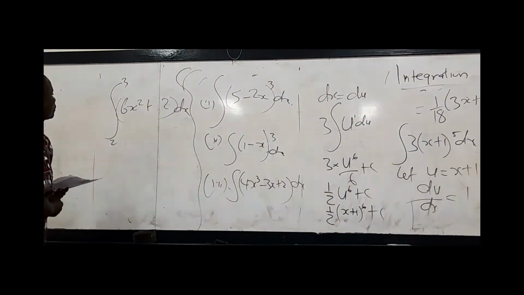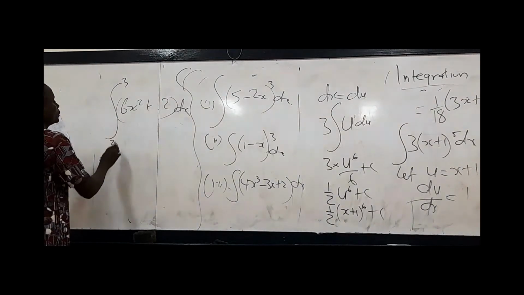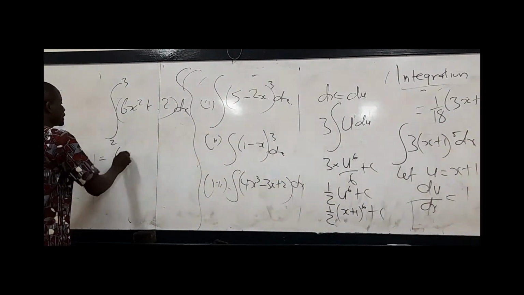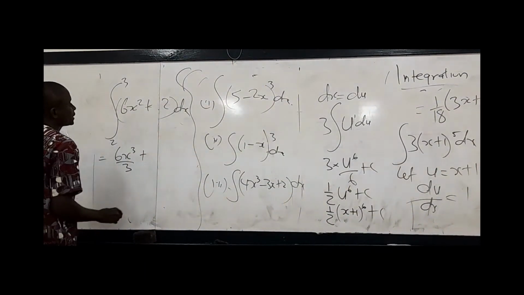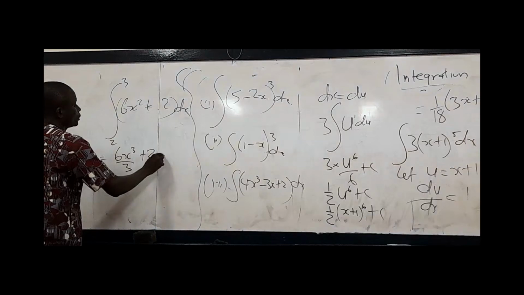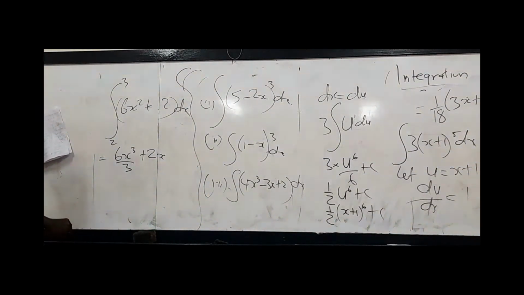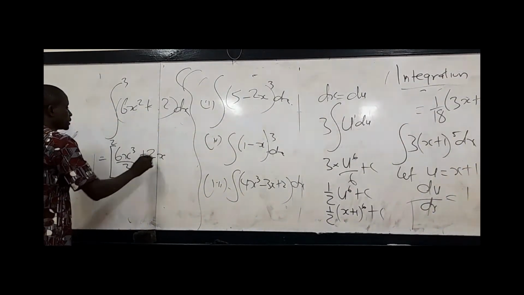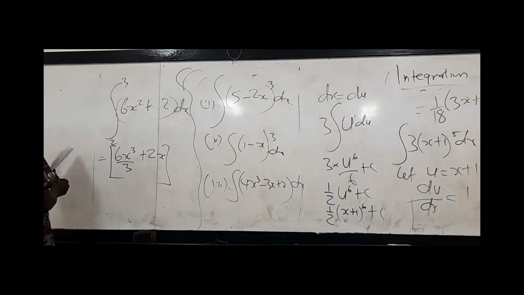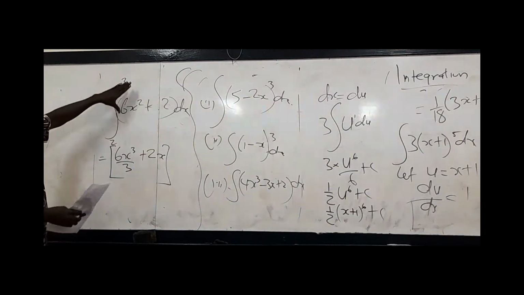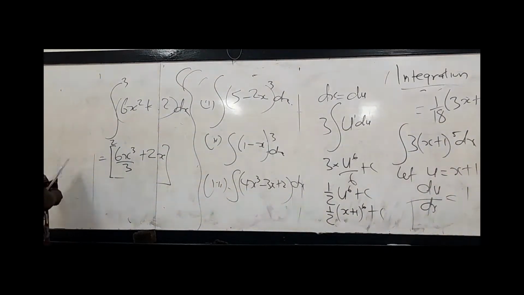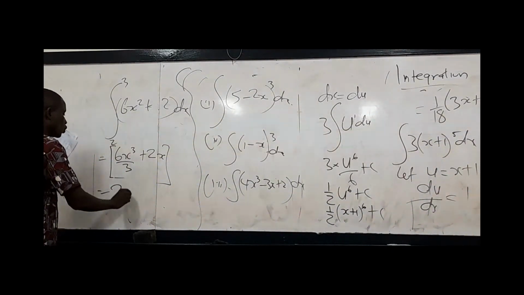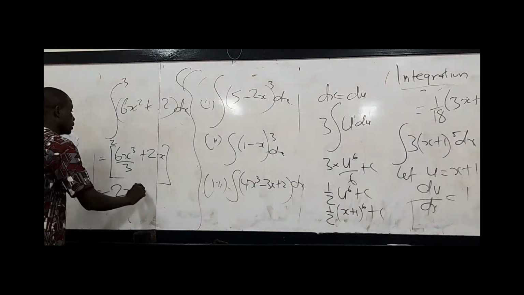Here, we integrate this one, and it becomes 6x cubed over 3 plus 2x. Now, instead of bringing plus c, you just do this. I'm repeating: you are integrating. After getting this, remember that here we are going to have 2x cubed plus 2x.